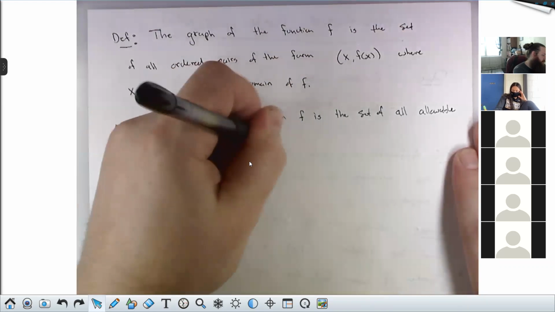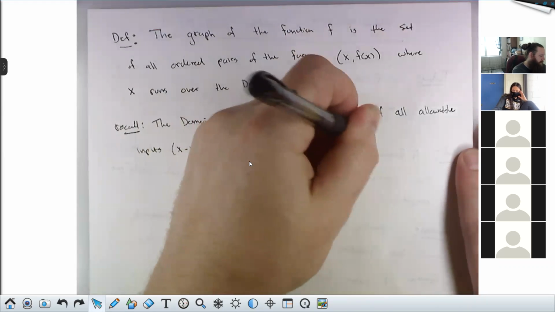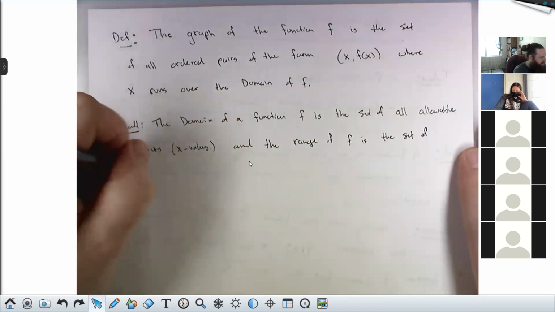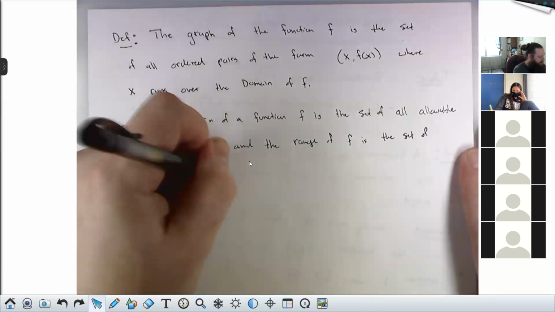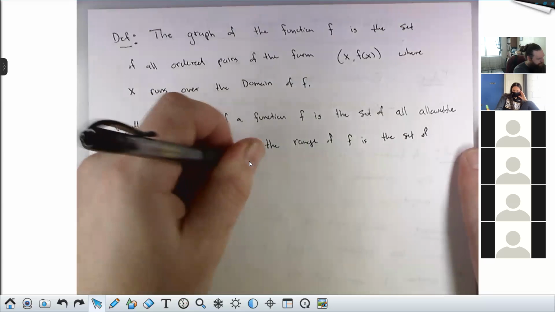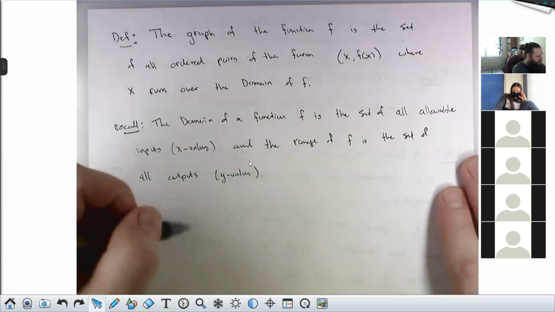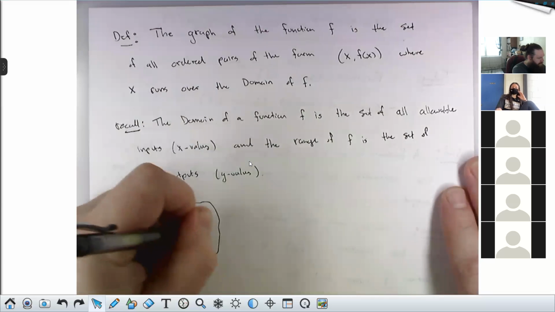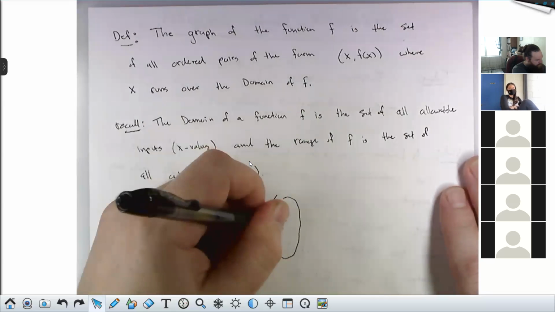And the range of f is the set of all outputs or y values. Okay. And one way you can think of a function, this doesn't have to do with graphs, but remember a function is a rule for pairing inputs and outputs. So you can think of those things as being separate.